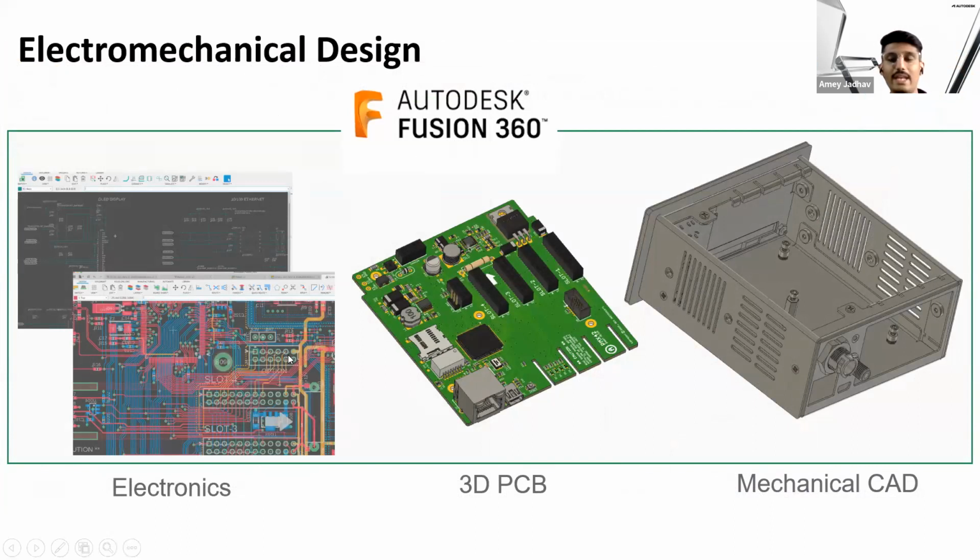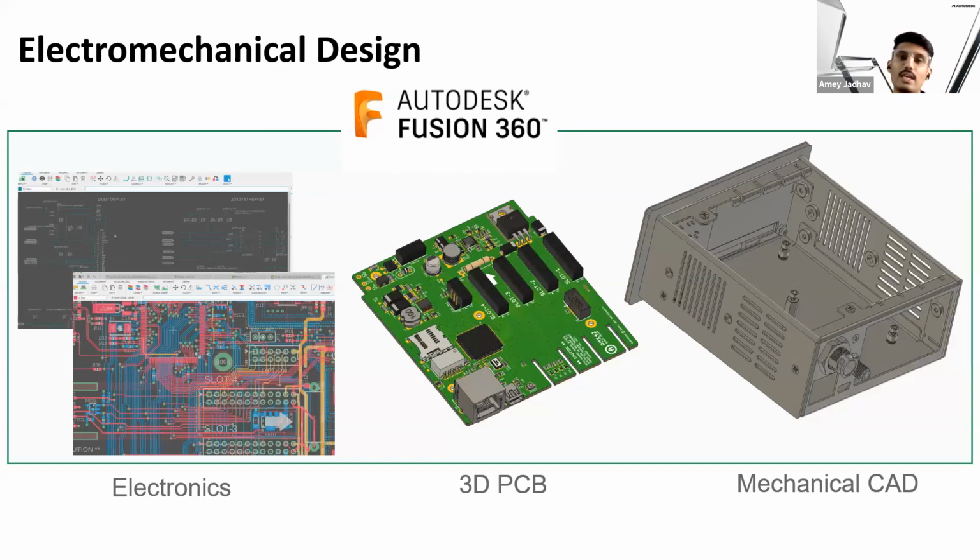Also for electromechanical designing, nowadays everything is integrated. As I said, electronics people can design electronic PCBs in Fusion itself. We call it the ECAD workspace. After that, make the PCBs, take them to the CAD environment, and assemble them with your body parts.